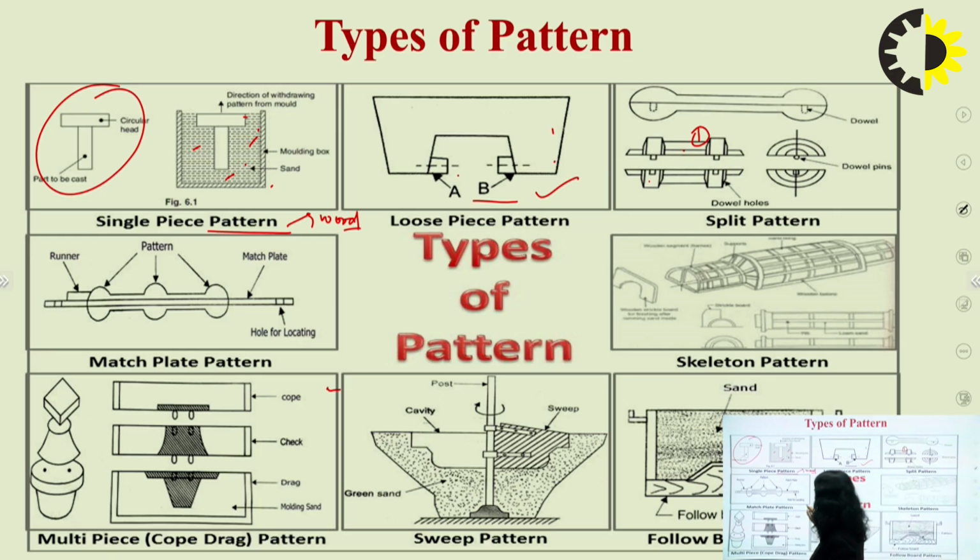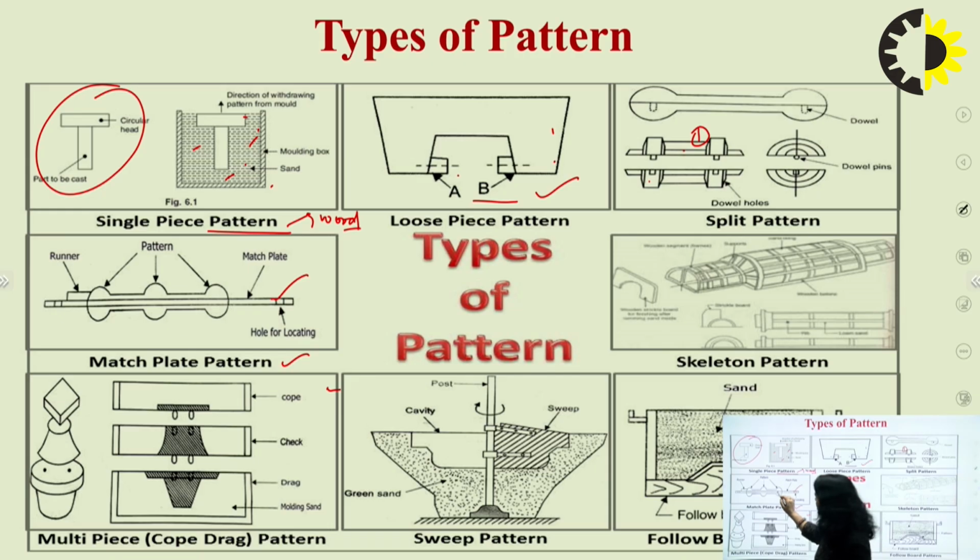Then we have the match plate pattern. Match plate patterns are basically used for cases where we want to produce a large number of castings, but of smaller size. In this we use a metal or wooden plate, and then we have a number of patterns.